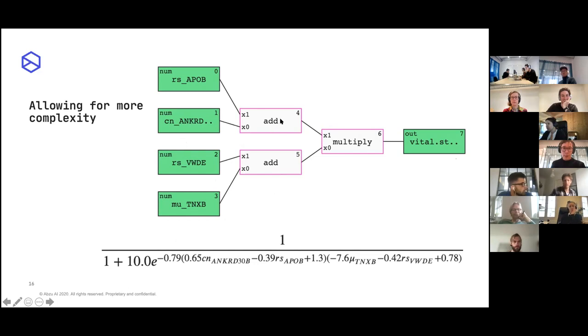It's directly translatable from the graph, of course. So what you see is 2 additions and then the multiply. Again, you have the logistic function, and then up here you have your model. So you can recognize the 2 additions in the parentheses and then the multiplication across the 2.